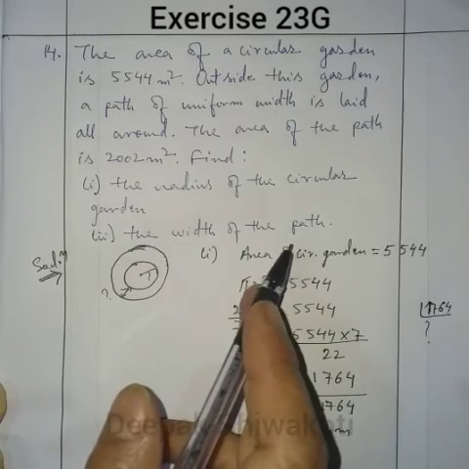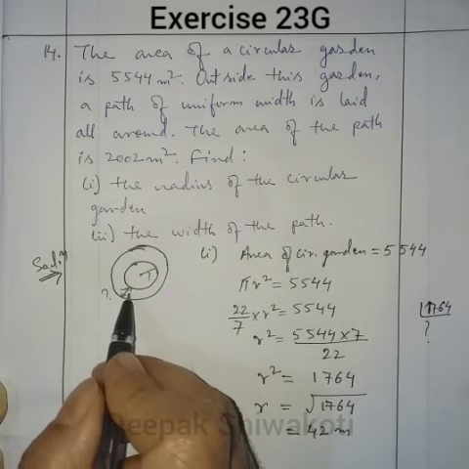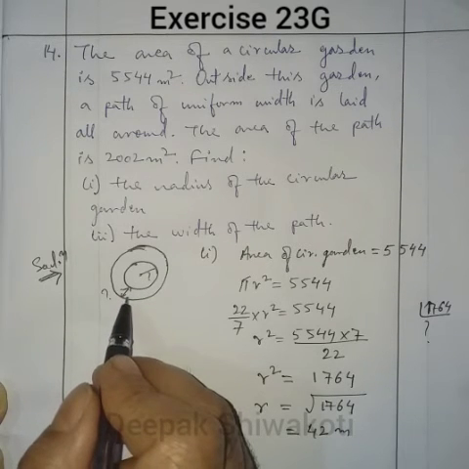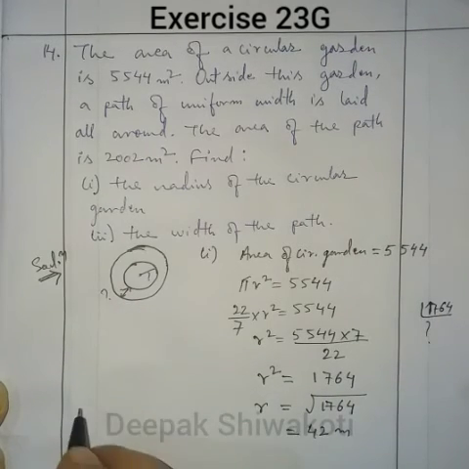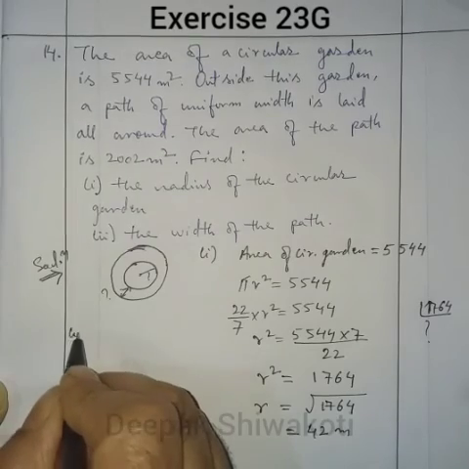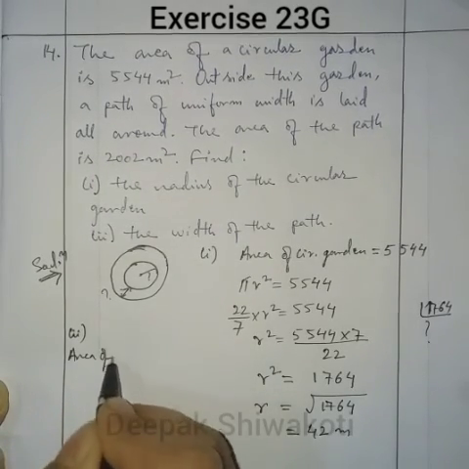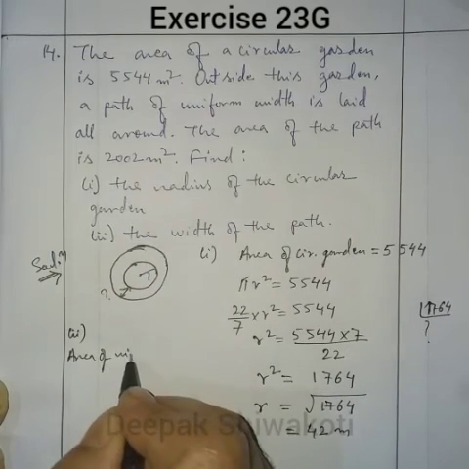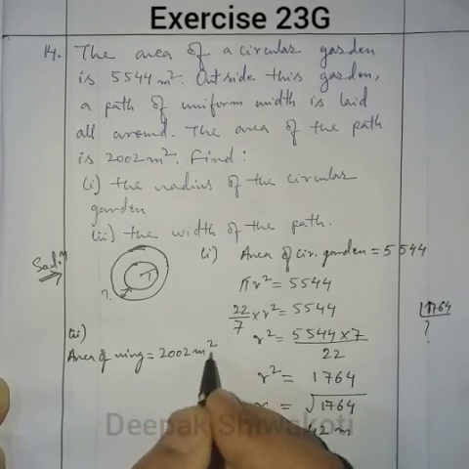Now the width of the path is given by the difference of capital R and small r. To find capital R, we'll take the help of the area of the ring. Number 2, area of the path, that is the ring, is equal to 2,002 meter square.